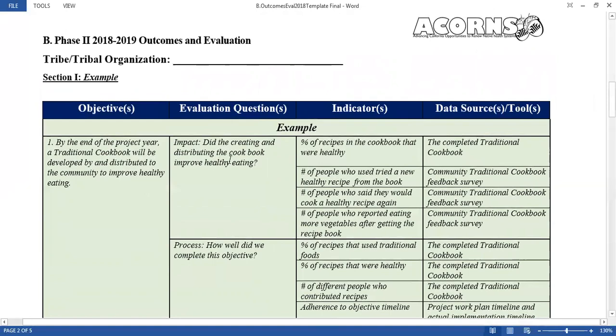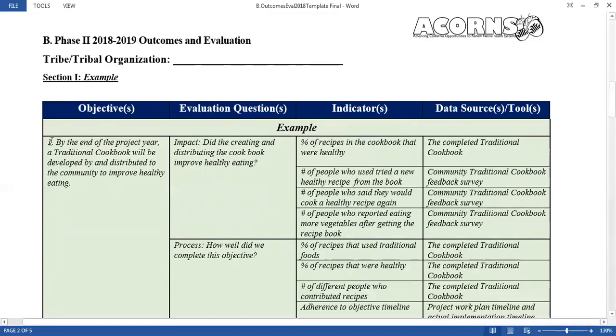The evaluation questions are overarching questions that you want to have answered by the end of your project, which help you understand how well you did, what was the impact, and what difference did it make. You can answer or ask any question that you want. It is really up to what your organization or what your project is interested in knowing. So your evaluation is really determined by you.